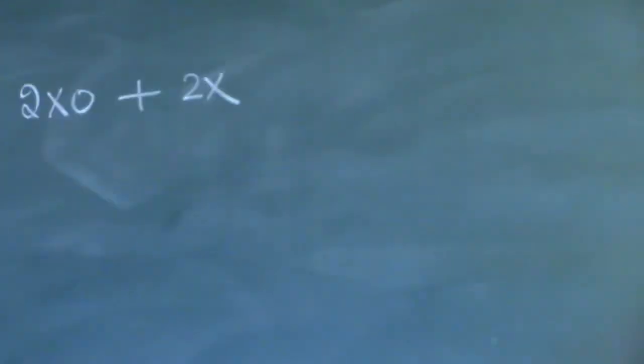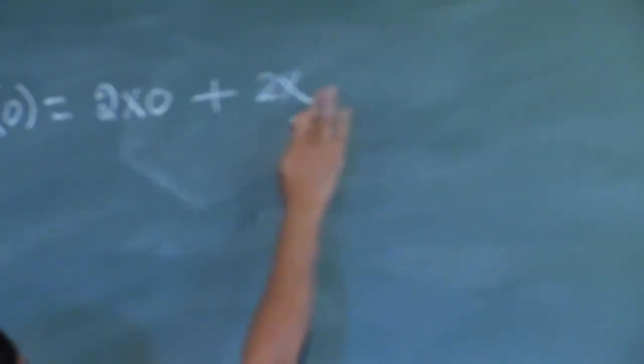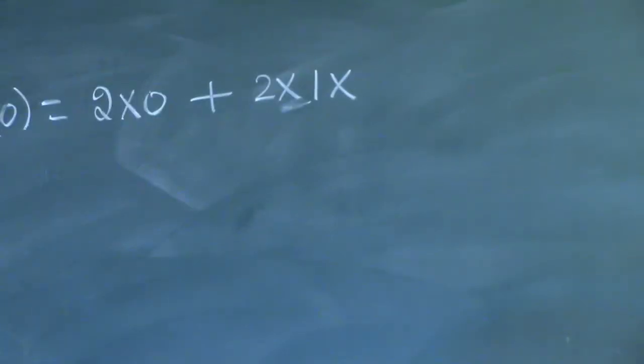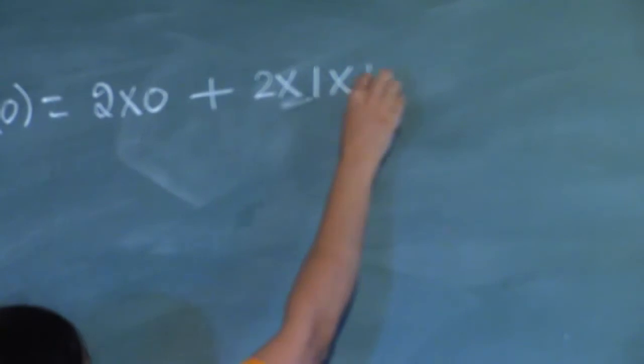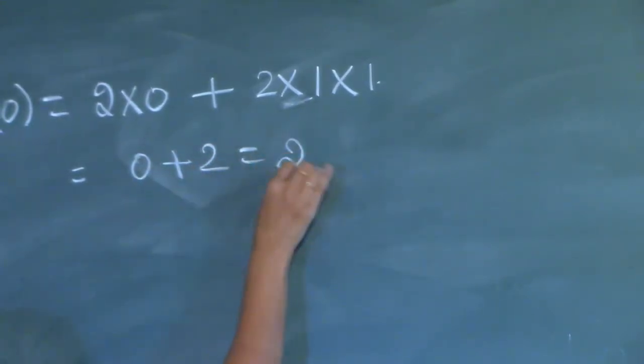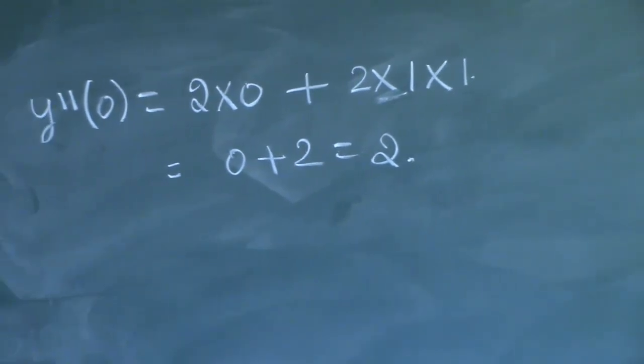So y of x naught is denoted by y naught, that is y of 0 value is 1, which is y naught value. So y naught value here is 1 into y naught dash value is 1. Substitute this value here. This is equal to 2 into 0, 0 plus 2. It is 2. So y double dash of 0 value is 2.